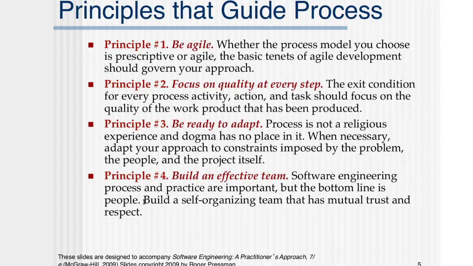As we have also seen while thinking about agile process, we are not ignoring the importance of process and practices. However, we also keep in mind the importance of people, right? So we have to build a self-organizing team that has mutual trust and respect.